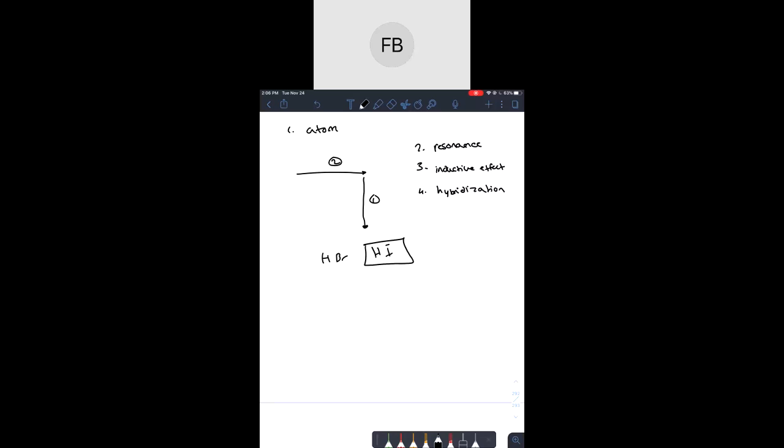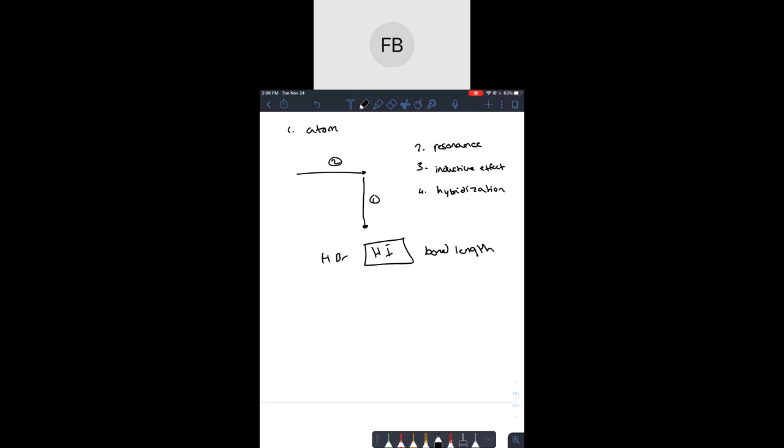And this has to do with bond length, right? It's just the simple fact that I has a wider bond length, so it's more likely to be stable after the hydrogen's gone. Whereas Br has a slightly smaller bond length, so it's less likely to be stable. So bond length is definitely the most important aspect.